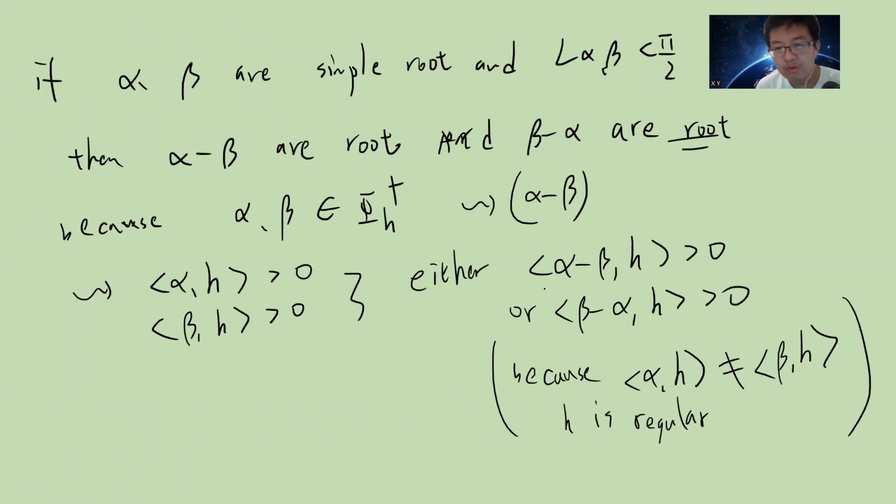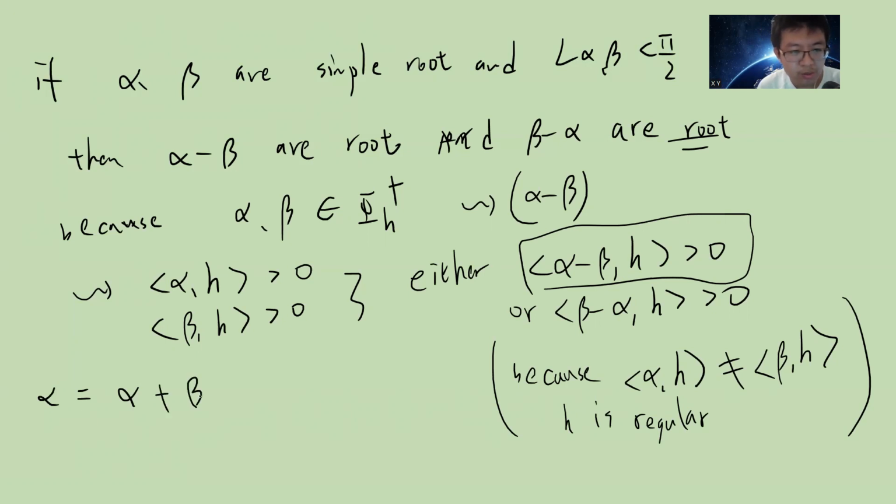Which tells you that if this is greater than 0, then alpha minus beta is a positive root, which means that alpha can be written as beta plus alpha minus beta.